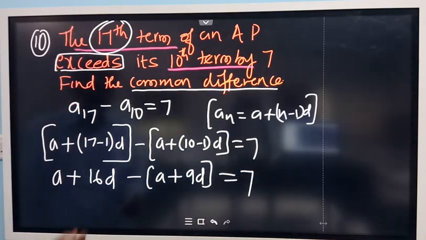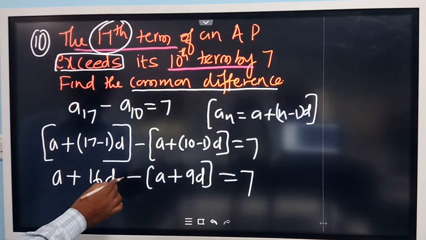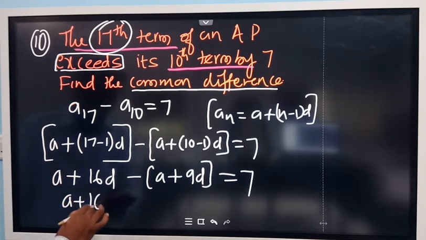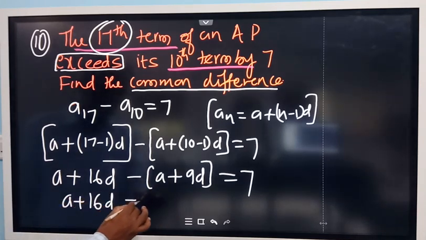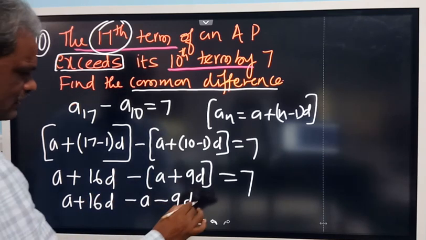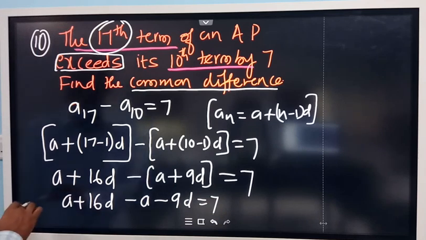Now remove the bracket. To remove the bracket, you need to multiply the minus sign inside. A plus 16d, minus into plus a is minus a, then minus into plus 9d is minus 9d, equal to 7. See, look at this. We have plus a minus a. You can cancel here.